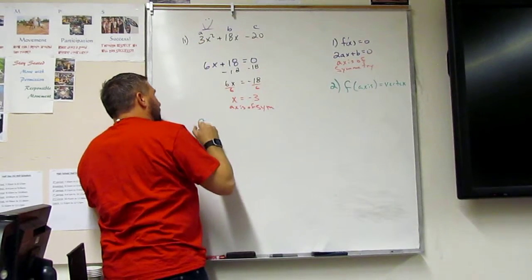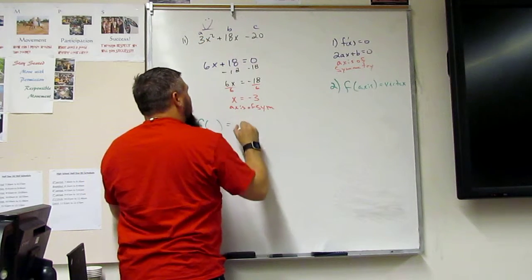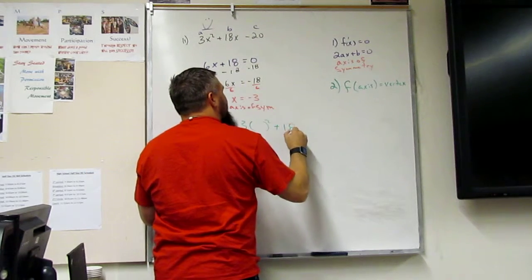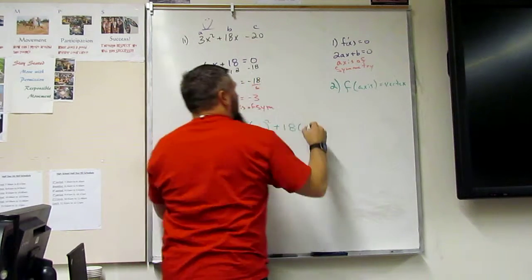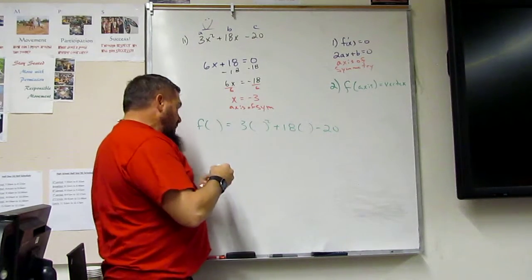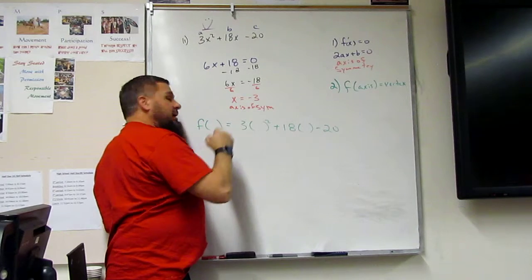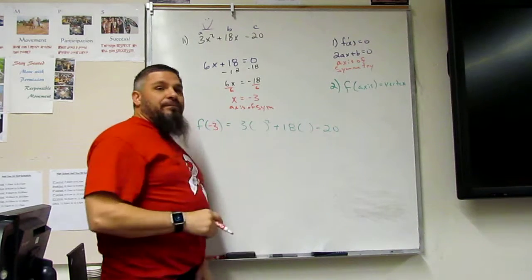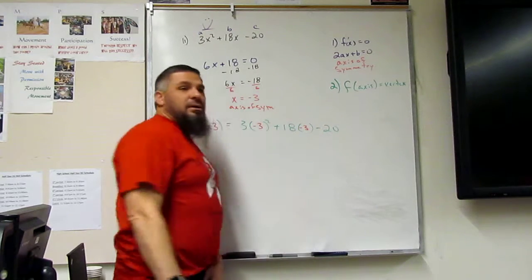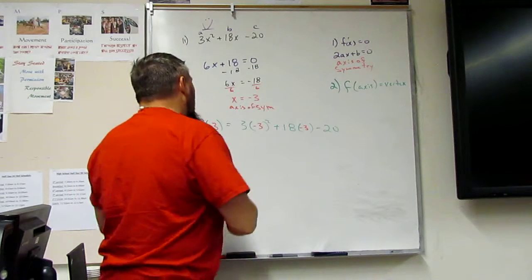This is f of x is equal to 3x squared plus 18x minus 20, right? And what we found was that x is minus 3. So I'm just going to plug in minus 3, and then I'm going to do the math.